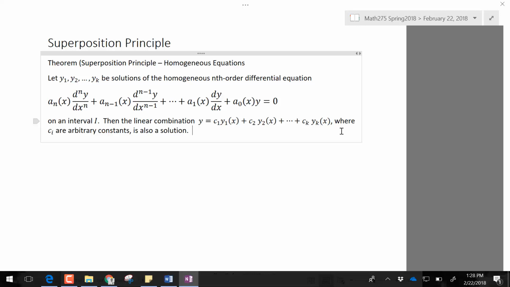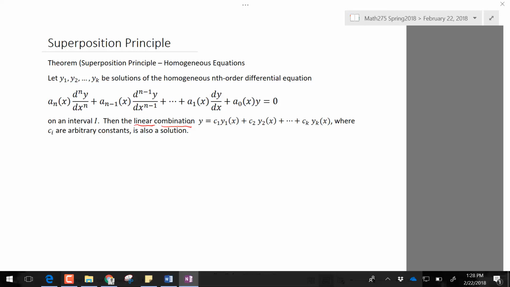All right, superposition. So let's take a look at this principle. It says that if you have solutions to your differential equation, individual solutions like y1, y2, and in this case k solutions, then the linear combination, right?